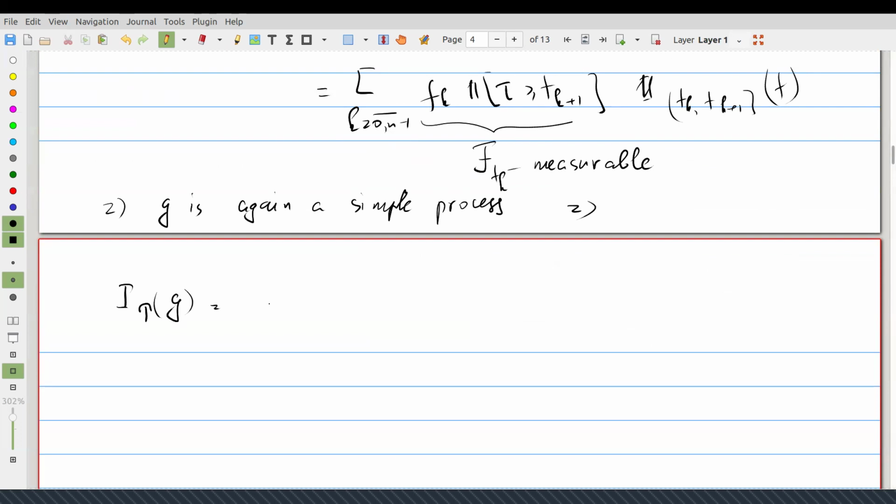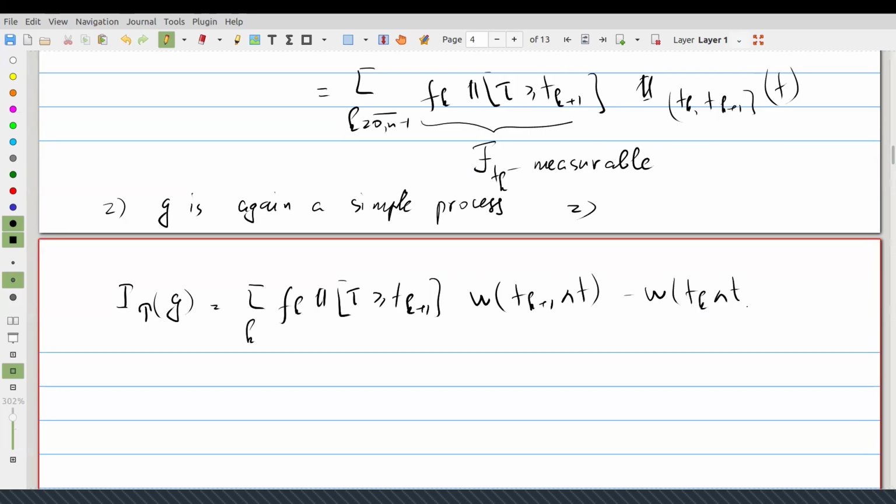We can just write what it is. This is the sum over k of f_k, indicator tau greater than t_k+1, times (W at t_k+1 minimum t, minus W at t_k minimum t), and that's all. But if tau is greater than t_k+1, that means that this minimum can be written as this.